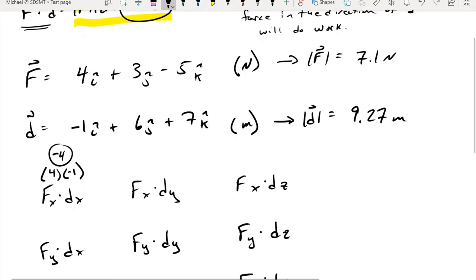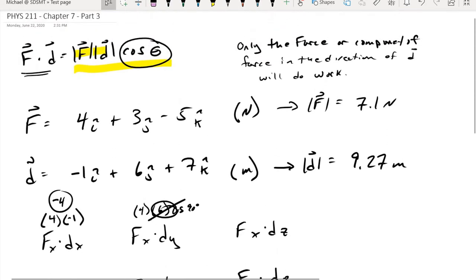Now, for the next one in line, we have the x component of our force and the y component of our displacement, but the cosine relationship between something that points along the x direction and something that points along the y direction is 90 degrees. That's going to result in a 0.